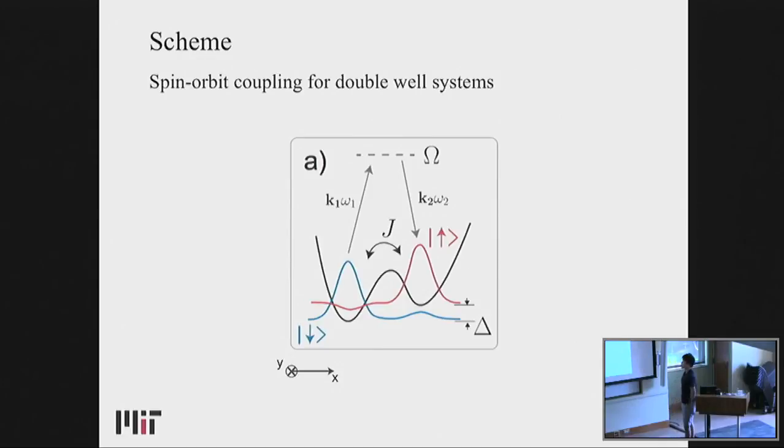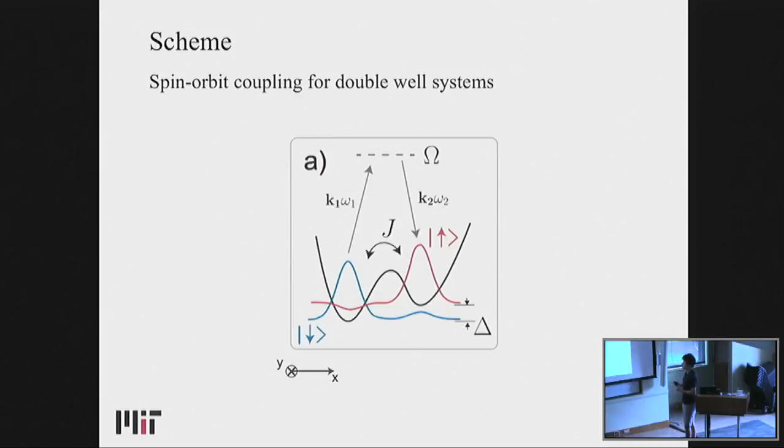This is the basis of our system. We use the left and right wells as the pseudospin degrees of freedom: if the atoms are in the left well, we call it spin down, and if the atoms are in the right well, we call it spin up.